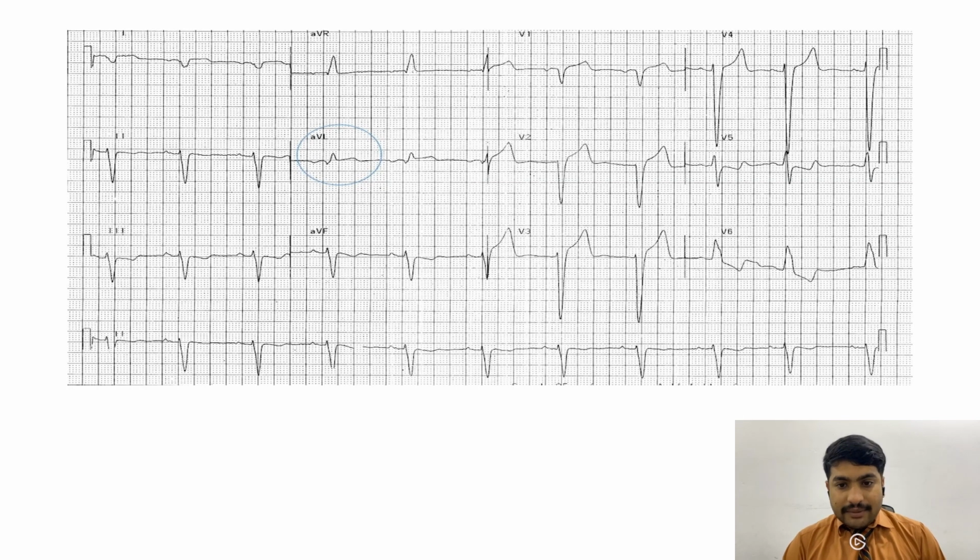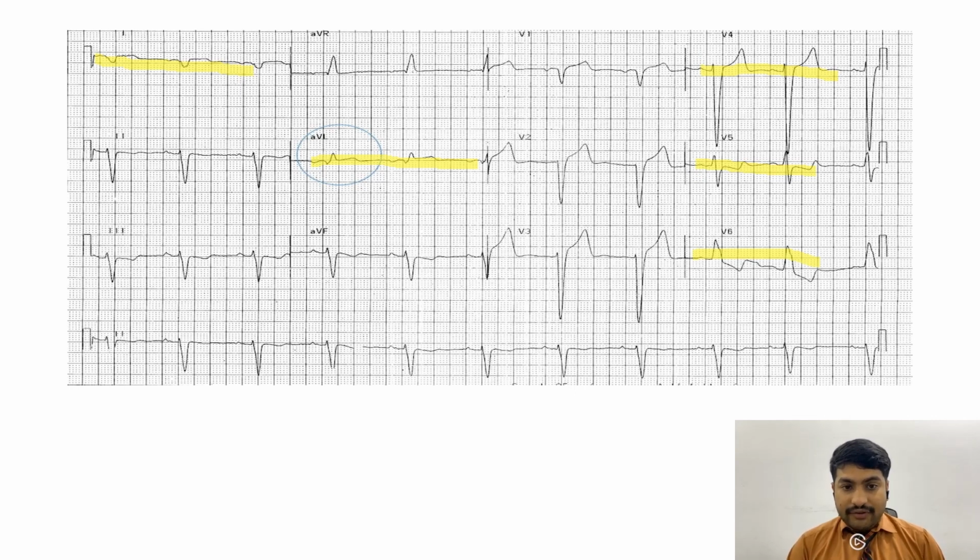Here is another example. If I start from the first criteria, that was concordant ST segment elevation in positive leads, can we see elevations here? No, we cannot see elevations here. I cannot totally comment on lead 1, but if we look at lead AVL, we will see that there is almost 1 small block elevation in lead AVL.